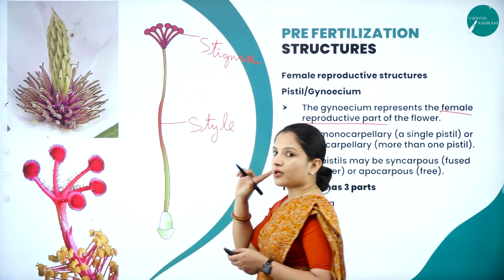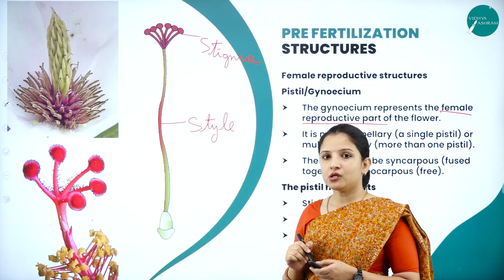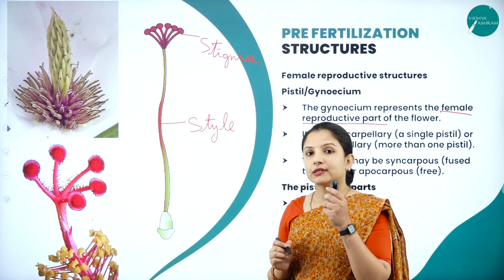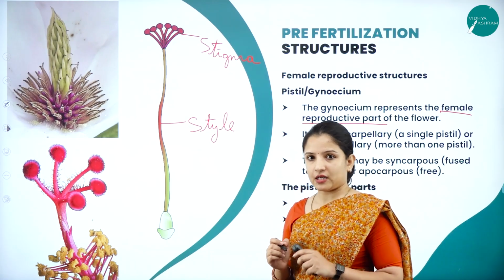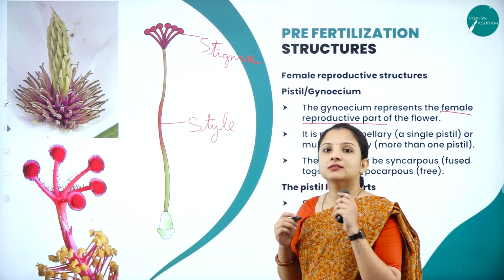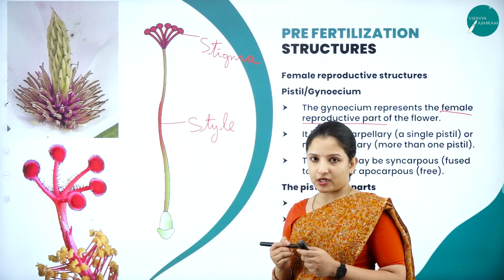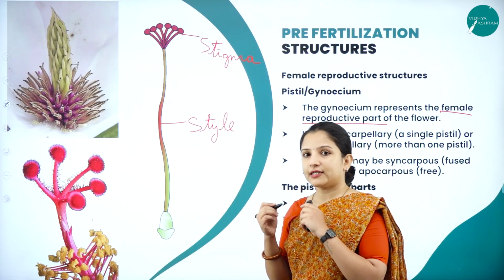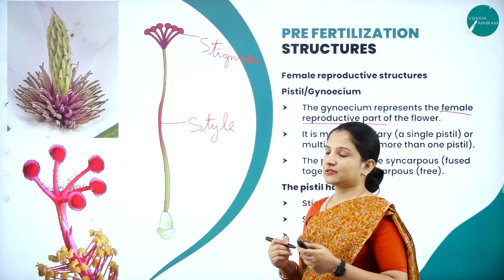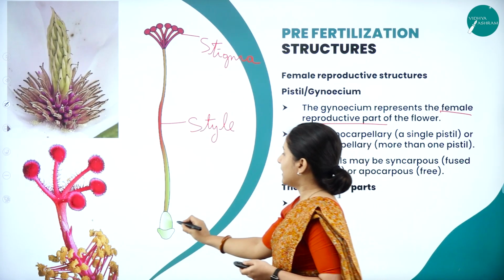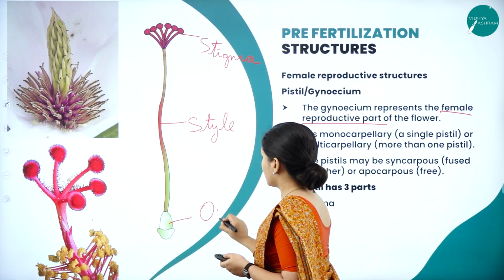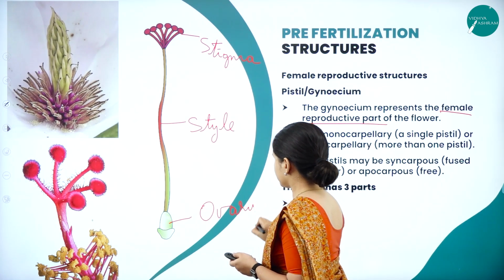So remember, in the male reproductive structure, we had the stamens. In the stamen, you had the anther and you had the filament. But in this case, since we are talking about the female reproductive structure, which is called as the gynecium or the pistil, it consists of the stigma, it consists of the style, and it is made up of the ovary.